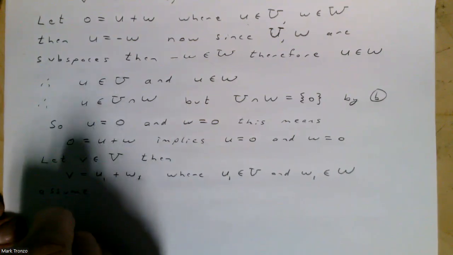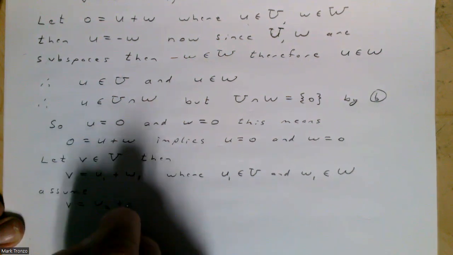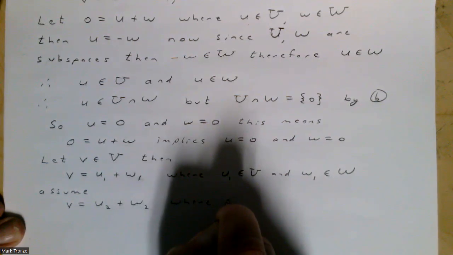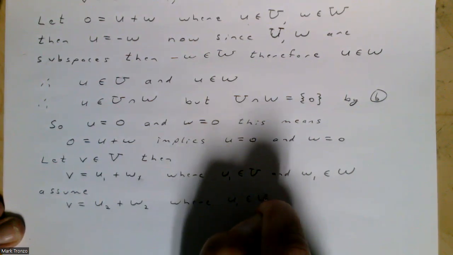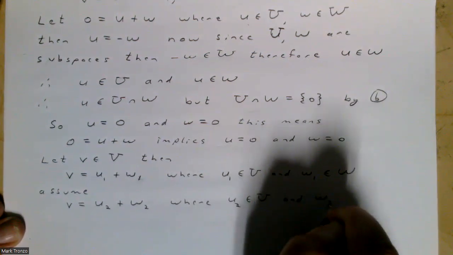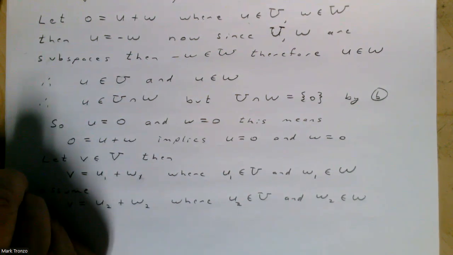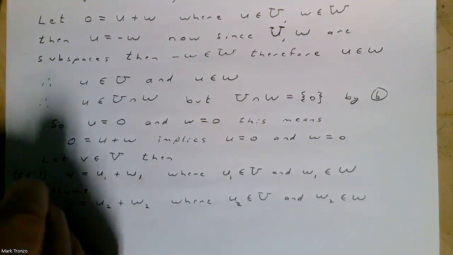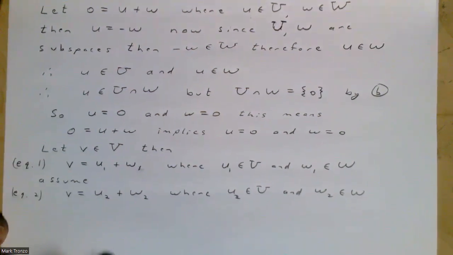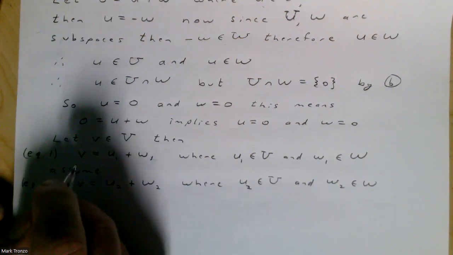Remember, we're eventually going to show that this can be represented in only one way. And similar to what we did for the proof for the previous theorem, we call this equation 1, equation 2. So now, once again, subtract.